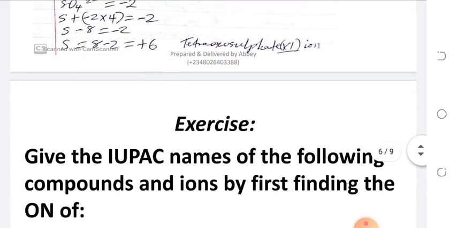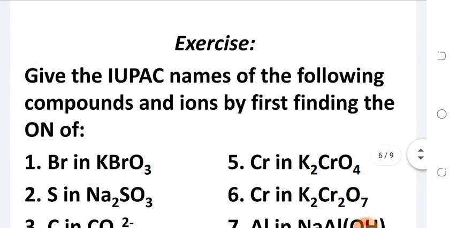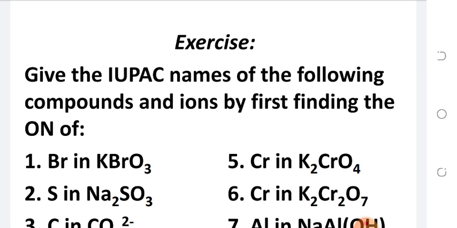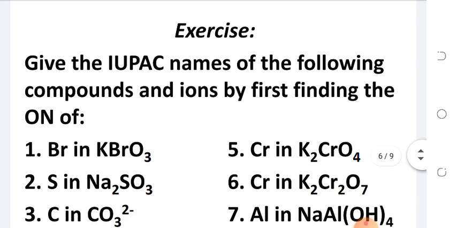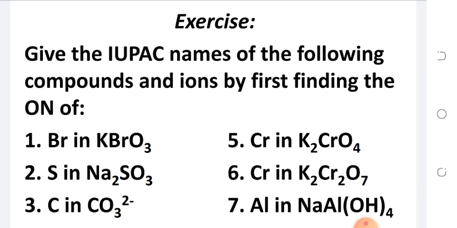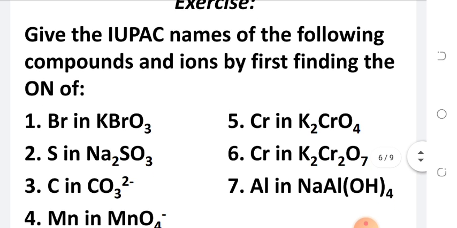And in the system of naming inorganic compounds, there is an exercise here for the students to partake in. Give the IUPAC names of the following compounds and ions by first finding the oxidation number of the elements that was stated there before the particular compound.